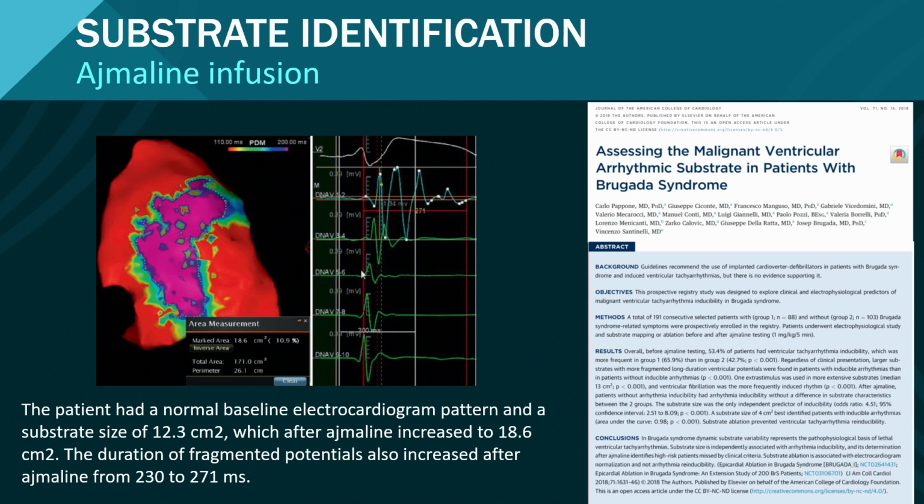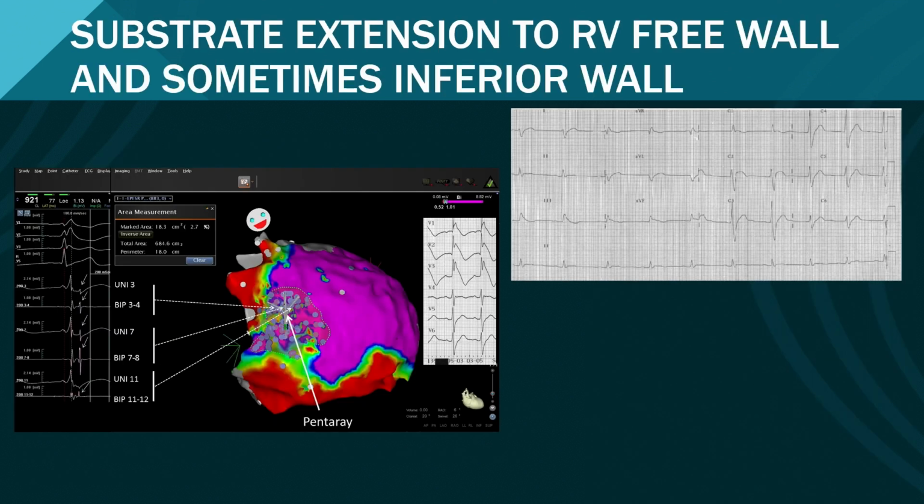Again, in some other reports, the potentials were not high frequency, even though they were poorly coupled. Not sure exactly why. But the impact on the substrate you identify may be very significant. In this case, the substrate increased from 12 to 18 centimeters squared, which is 50% more. So it's really unmasking probably some more areas.